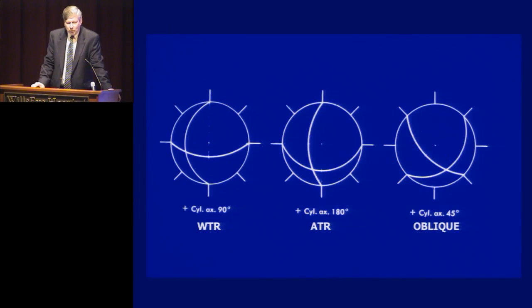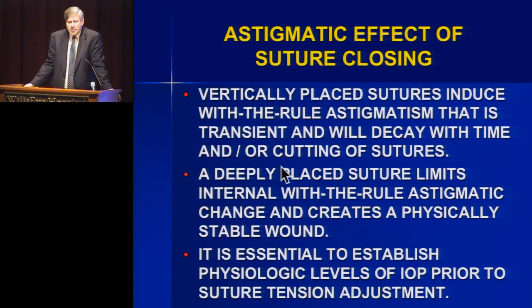Okay, some ground rules. With the rule astigmatism means the patient's cornea is steeper vertically or they have plus cylinder vertically. Against the rule means they're plus at 180 or horizontally. And when we talk about closing an incision, if we're assuming it's a superior incision, a vertically placed suture will induce with the rule astigmatism. So it means it steepens the vertical axis.